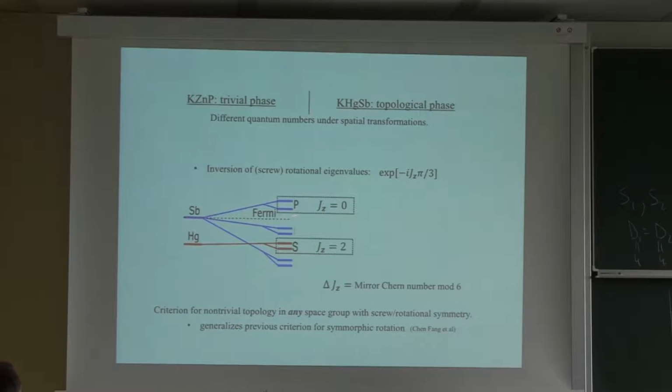And then what we noticed is that in this material, if you just try to build a molecule of the material, just this unit cell molecule, you find that this mercury goes below the antimony, and this is actually not normal.